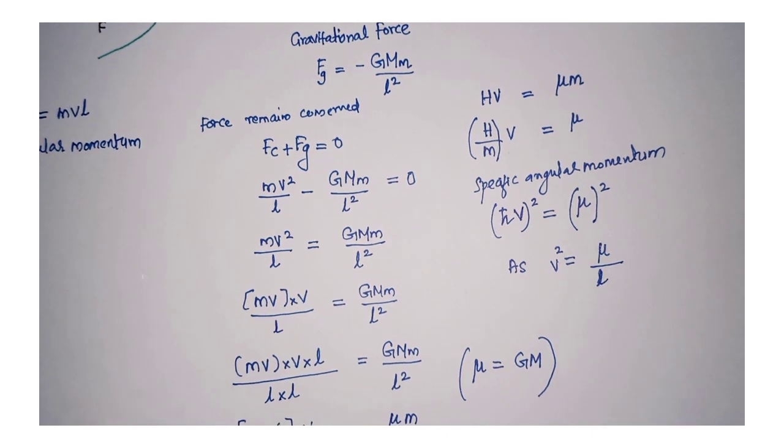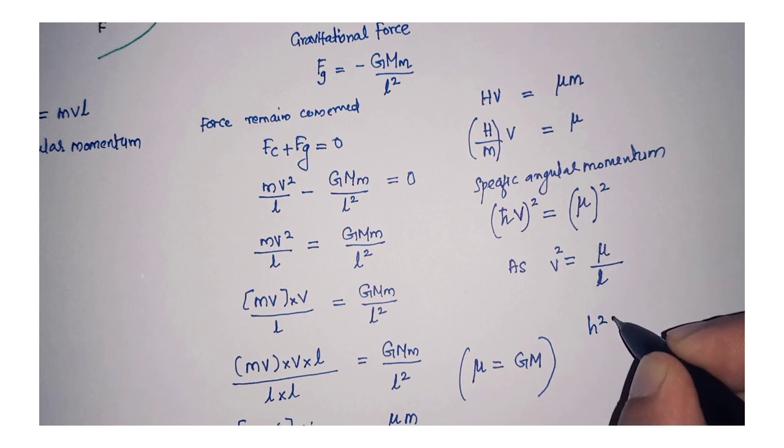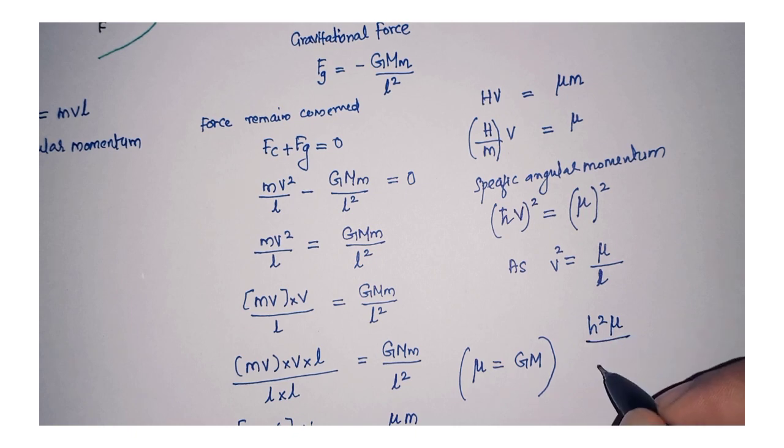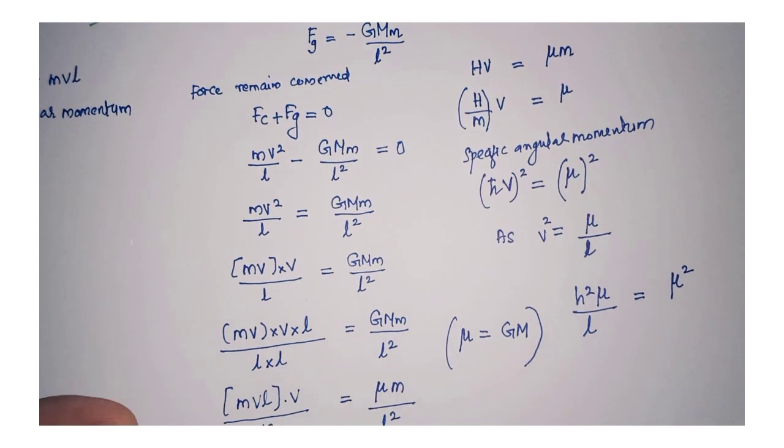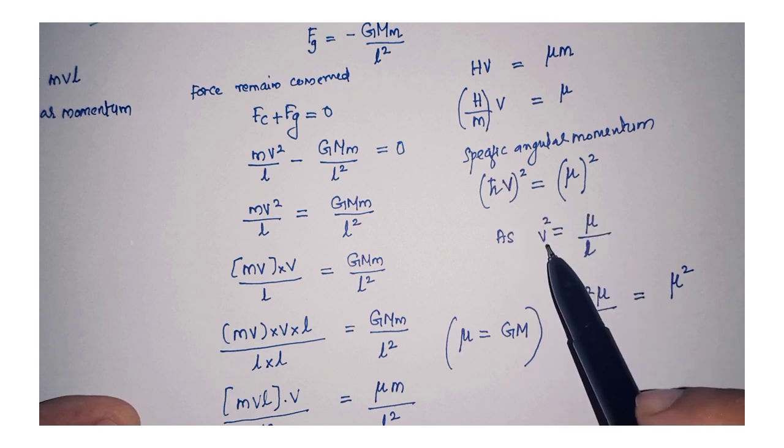If you substitute this in this equation, you get h square into mu divided by L, which is equal to mu the whole square. We have done nothing here, we just substituted the value of v square.